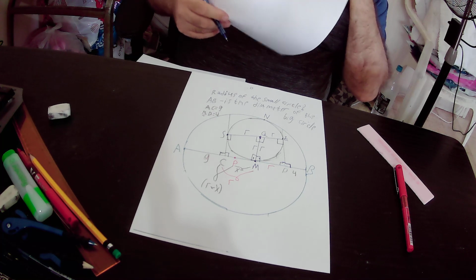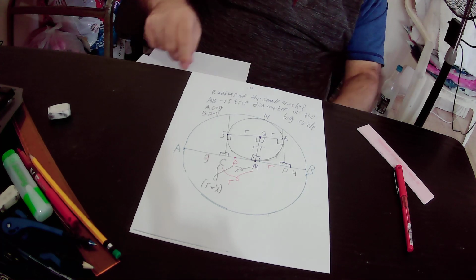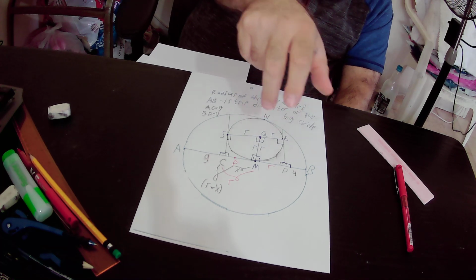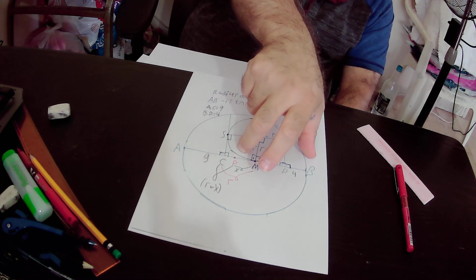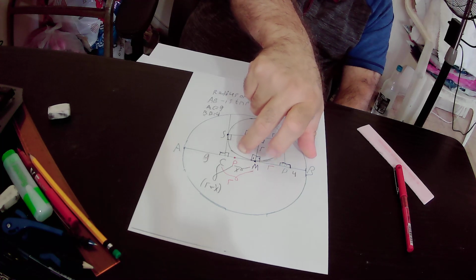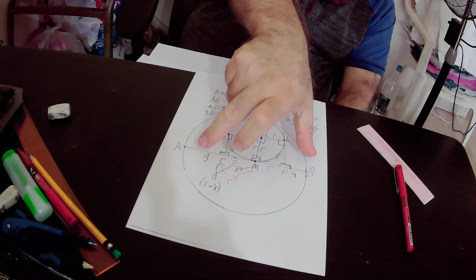In the next step, we will calculate the radius of the big circle from this side. The radius of the circle is also equal to PB, because actually AB is the diameter of the big circle.